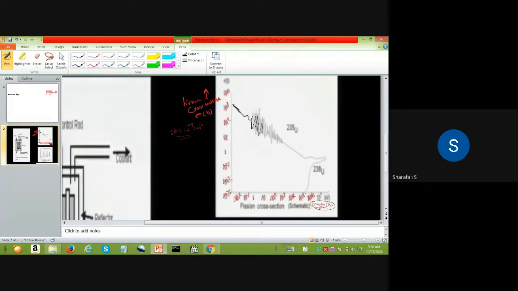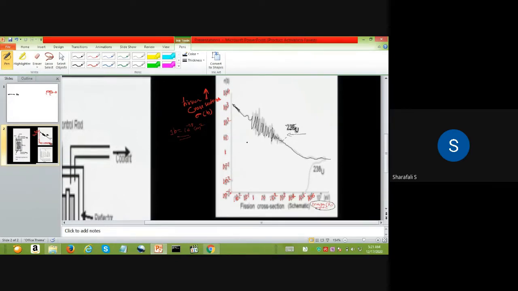There is some up and down here, some fluctuation, some resonance. Then when it reaches here, it comes down like this. This is the curve for uranium 235.